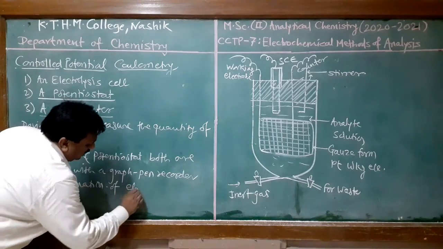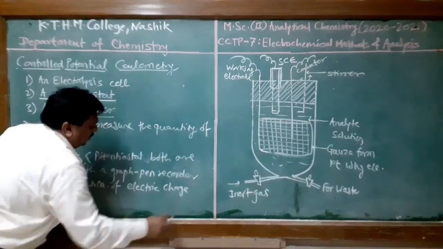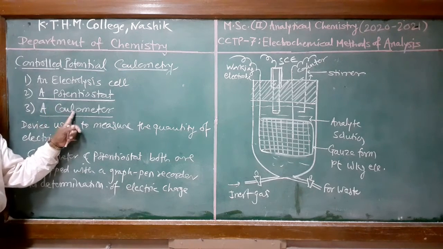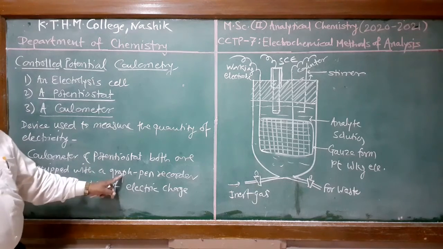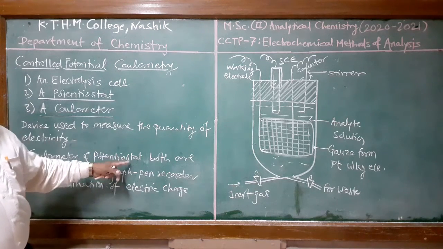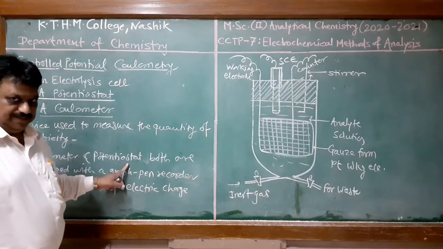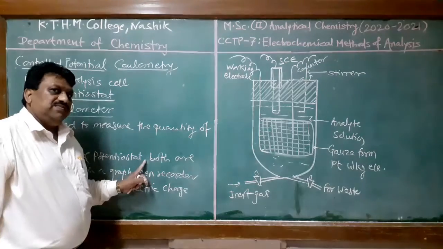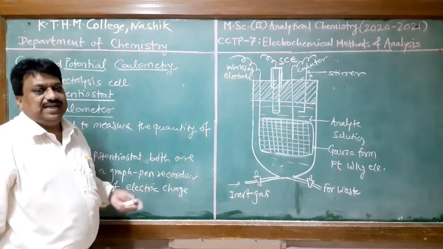Here the pen recorder plots a graph of current as a function of time. And this graph tells us the area, and that area is directly proportional to the quantity of electricity utilized in the reaction.